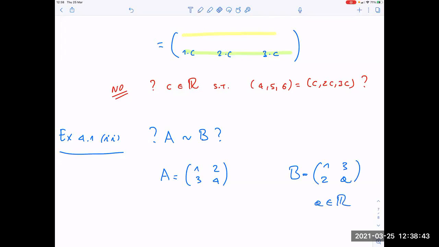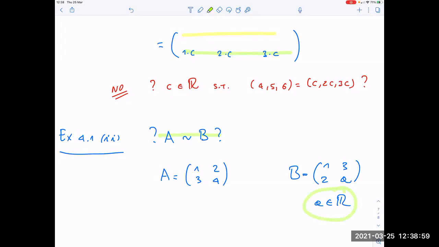So the answer to this question will depend on a, very likely. There will be some values of a for which the answer is yes, some values of a for which the answer is no. Maybe it is always yes, maybe it is always no, but we need to find out.